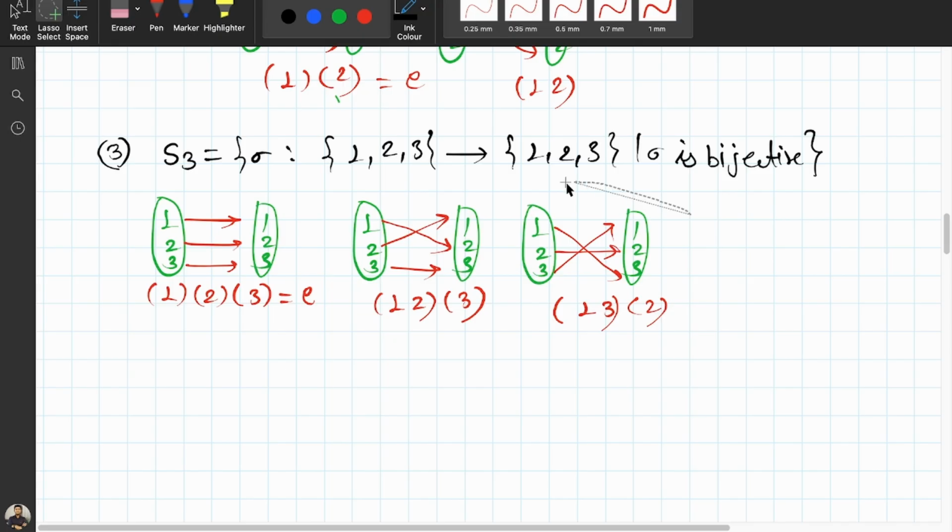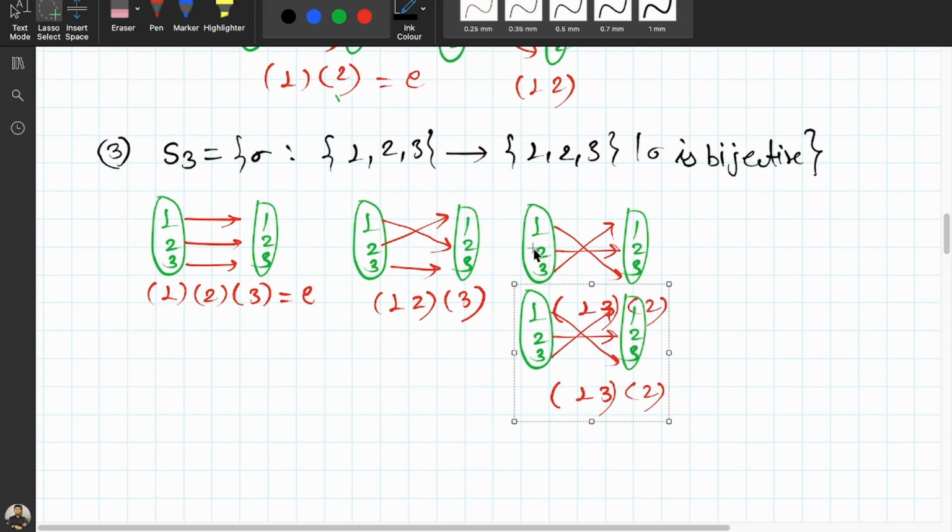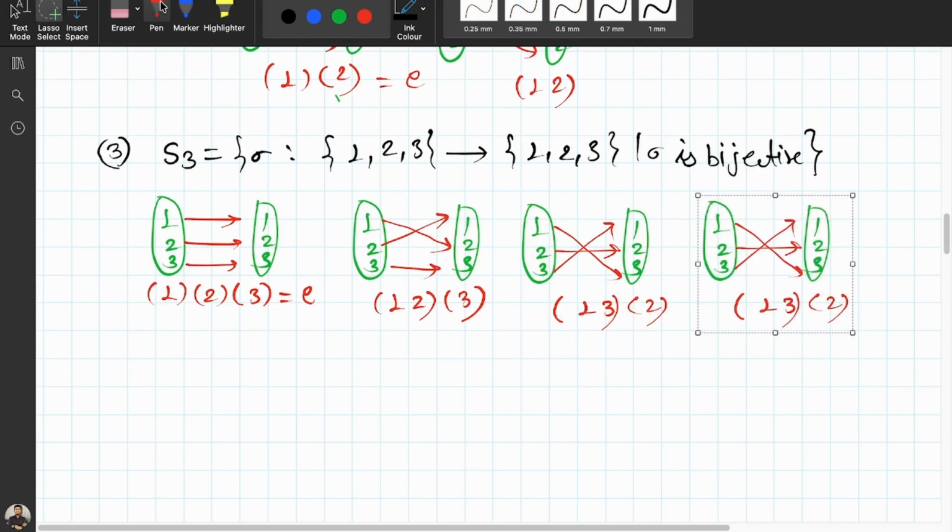What is the next possibility that we can see here? 2 goes to 3, 3 goes to 2, 1 goes to 1. That's the simple possibility.